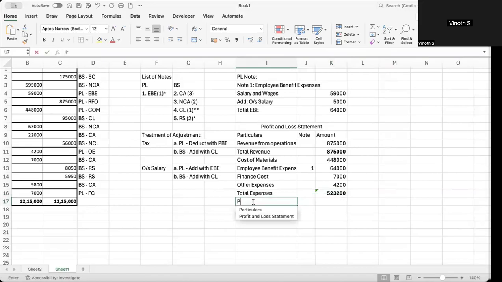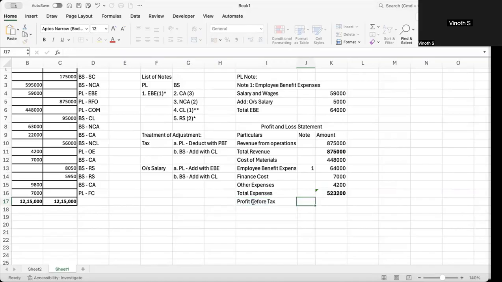So there is total revenue and this is the total expenses. Therefore, how much is the profit before tax? Total revenue minus total expenses. That is the profit before tax. For this question, we are getting 3,51,800, less tax at the rate of 30% on 3,51,800.